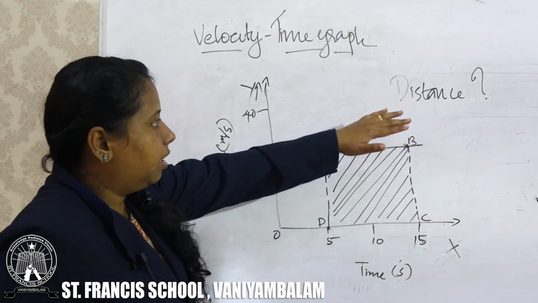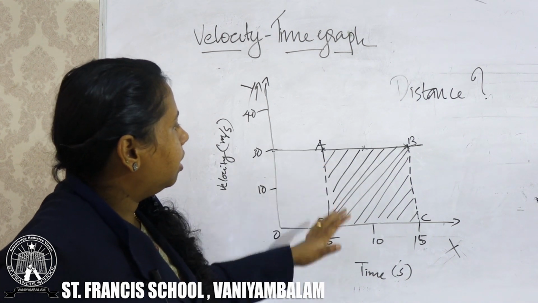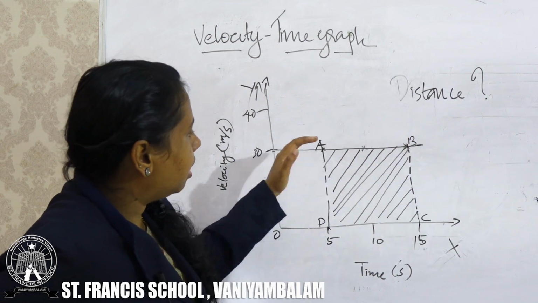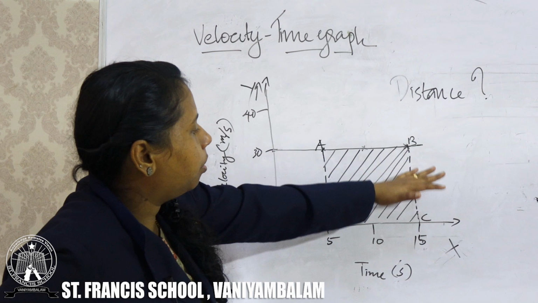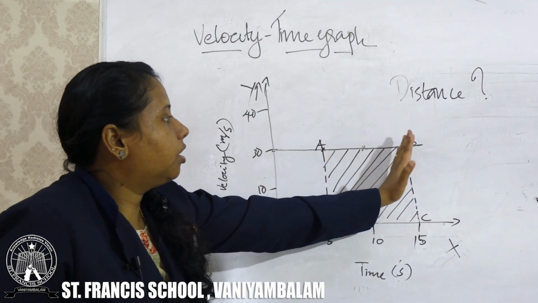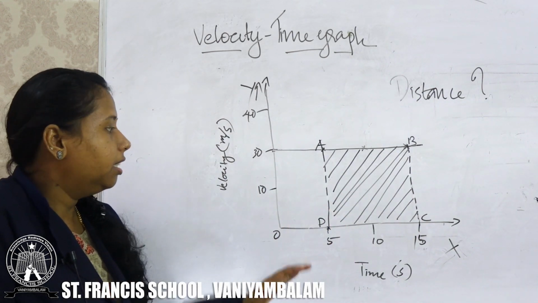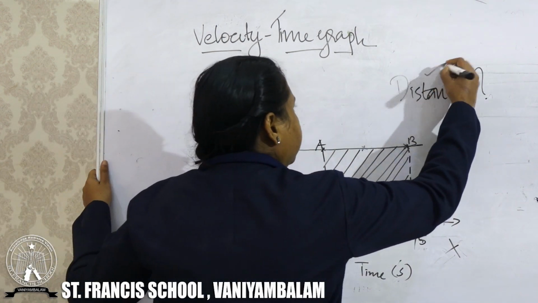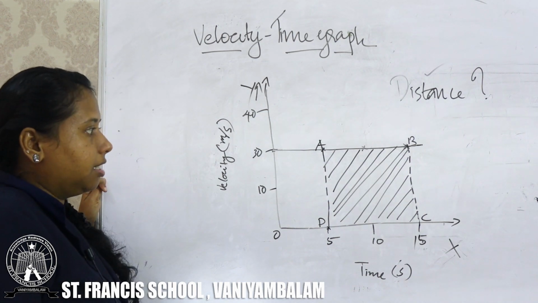I repeat. First of all, we draw the velocity time graph, and after that we draw a perpendicular line, or we join the line to the x-axis, and then we get a rectangular area. The area of rectangle ABCD gives the distance.